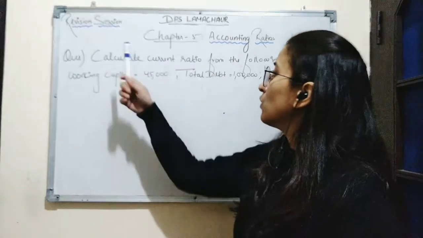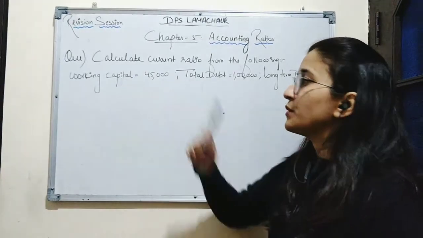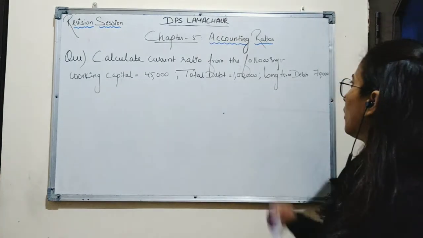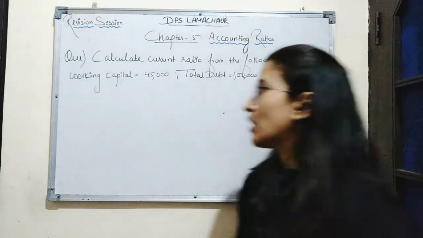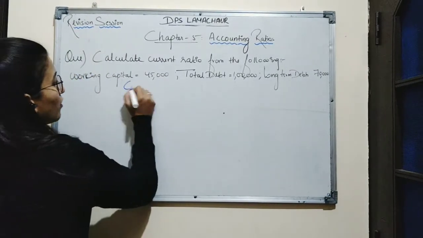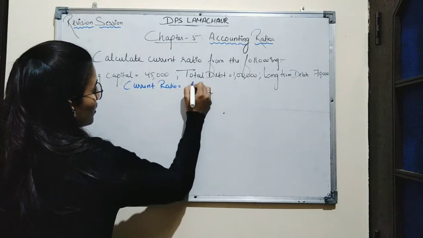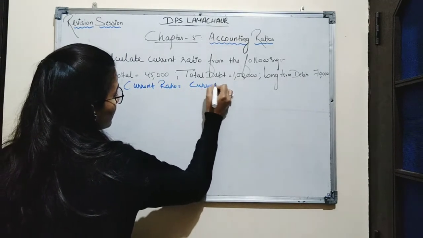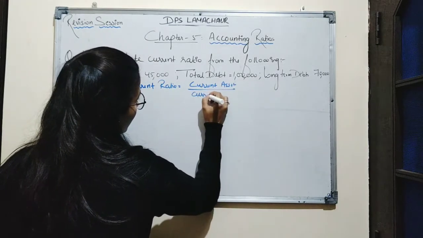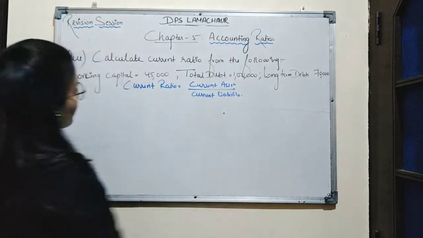Question is, calculate current ratio from the following. Working capital has been given, rupees 45,000, total debt amounting to rupees 1 lakh and long term debt rupees 70,000. So here we have to calculate current ratio. We know the formula for calculating current ratio is current asset divided by current liabilities.